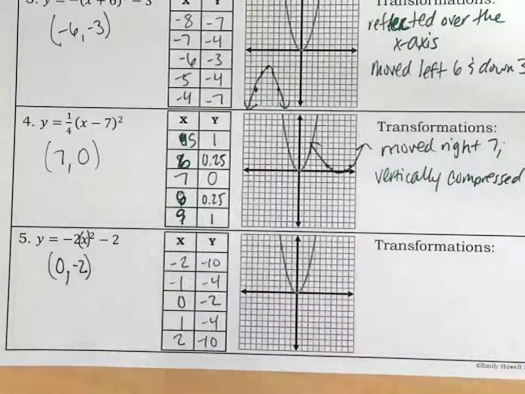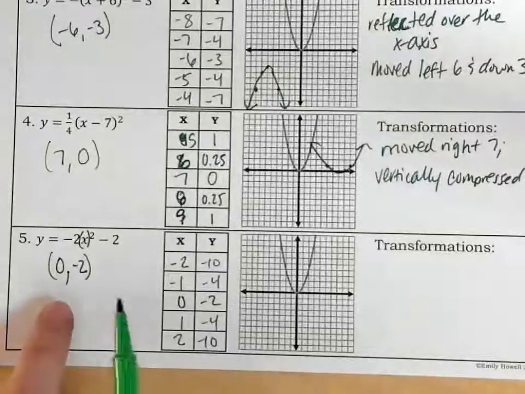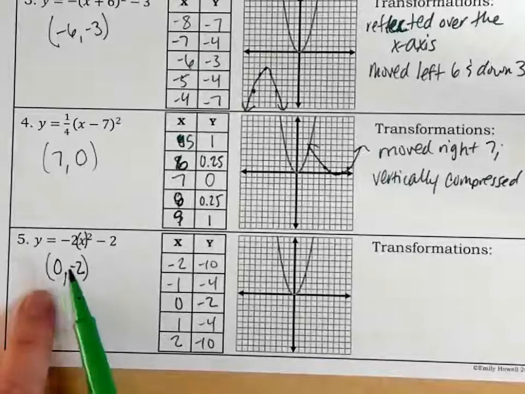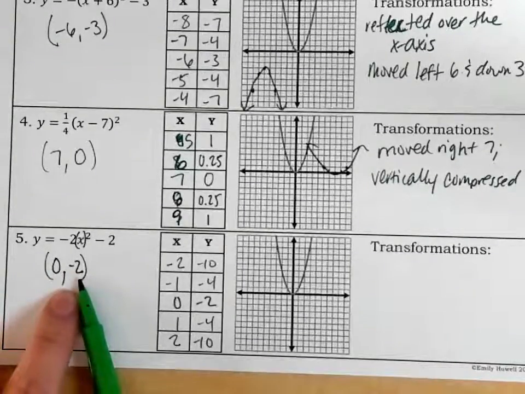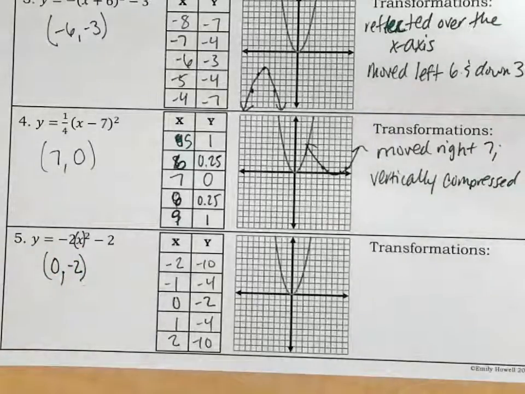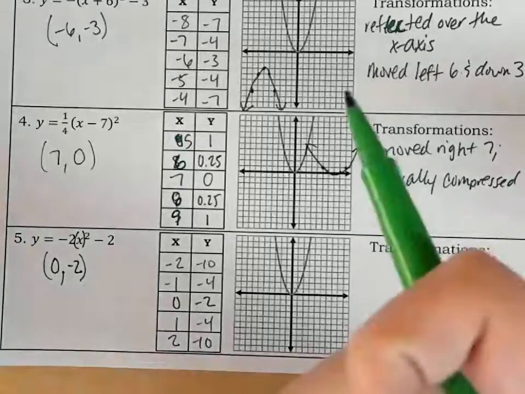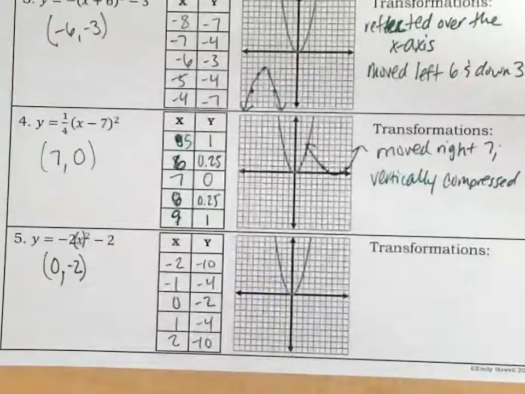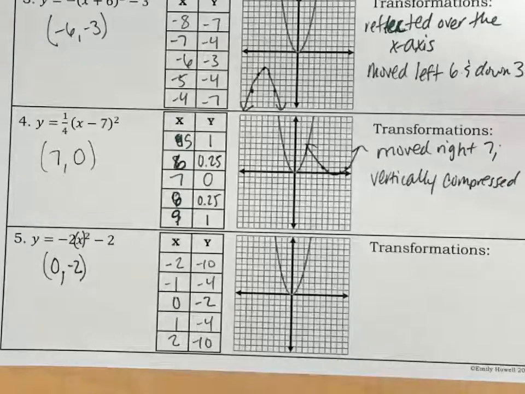So without even graphing it, things that I notice, it looks like there's no horizontal shift, but it is going to go down 2 units. I notice it's a negative value, so it's going to be flipped upside down, and I also notice that it's a 2 instead of a 1, so the scale factor is going to be stretched this direction. So let's see what happens when we graph this.